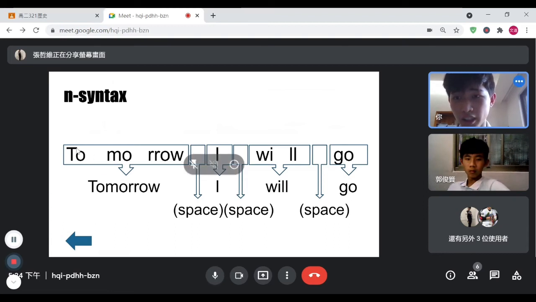So it will be tomorrow and space, then I, and space, and will, and space, then go. And finally, the sentence will make up: tomorrow, space, I, space, will, space, go. Then the process will be done.